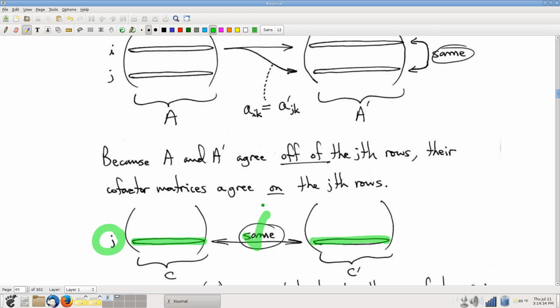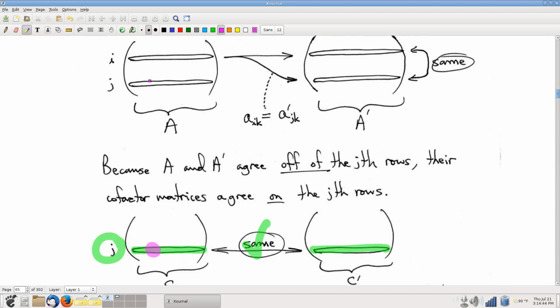Well, here's the idea. If I want to compute one of these entries, say that entry in this cofactor matrix, I go up to that position. Remember how we compute cofactors from way back when? The very first thing I do is cross out the row and the column corresponding to that position, and then I compute the determinant of what's left over.